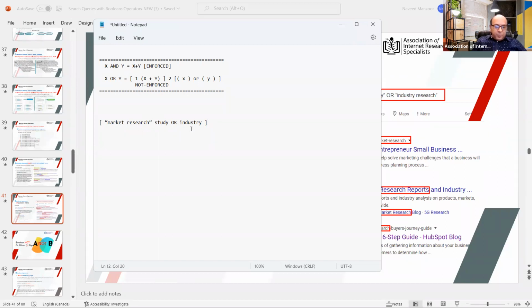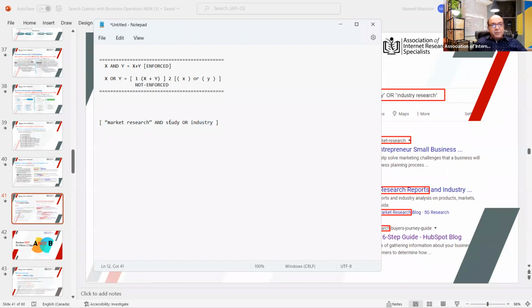And you don't have to put an AND here, only because of the quotation marks, because if you put AND, it is going to create another set of problems. Study and market research will combine together, and then OR would only have an option of the word industry as a choice.